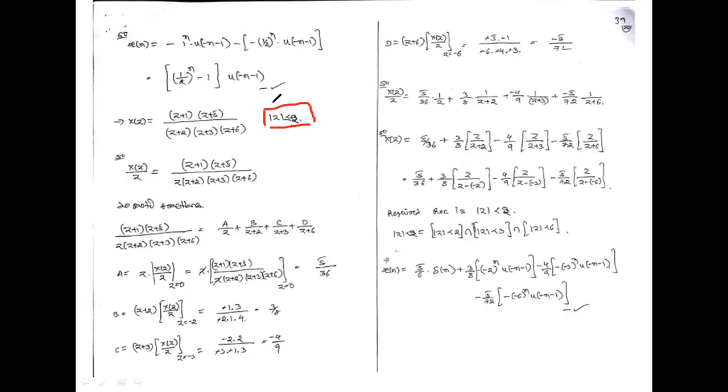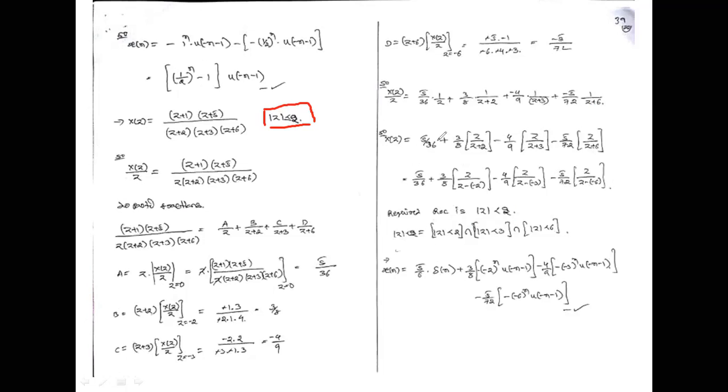Now it is asking that the ROC is less than 2, irrespective of the value. You can see that it is a left-sided sequence. Less than means you can write all the functions as minus a power n u of minus n minus 1.